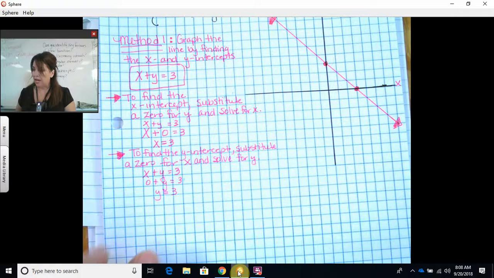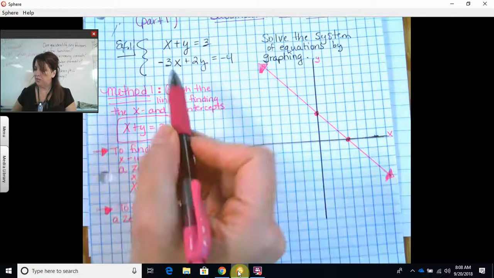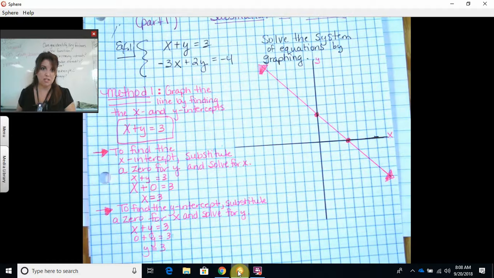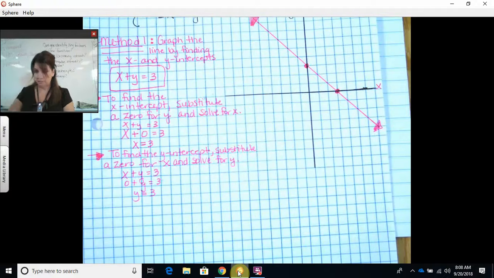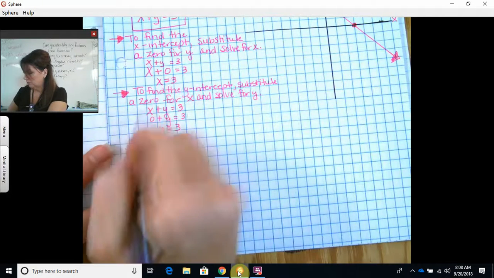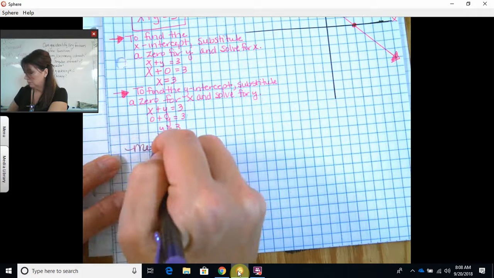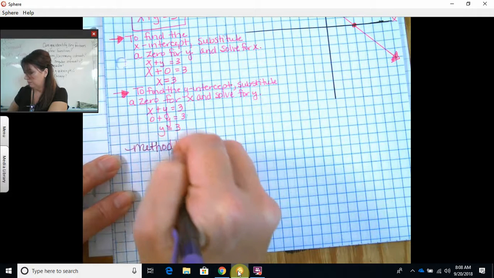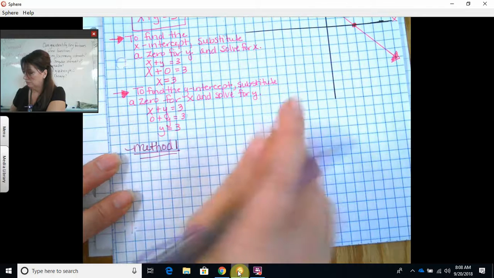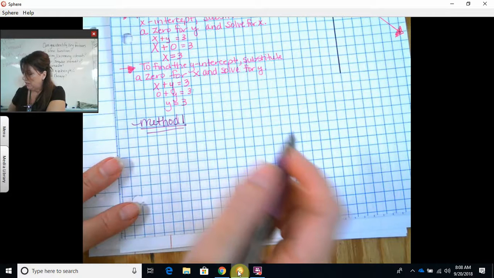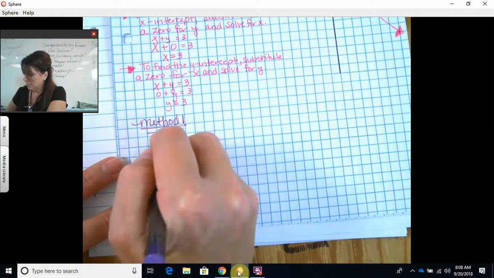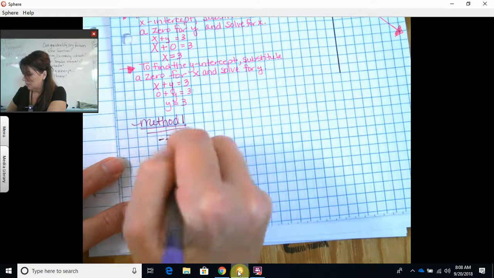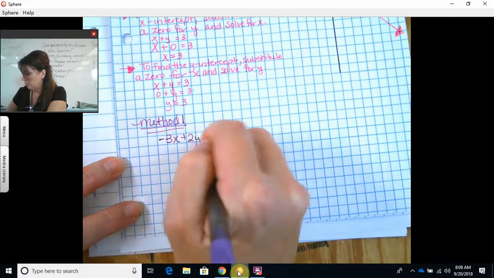We also had that second equation, -3x plus 2y equals -4. We're going to use the same method to graph the second equation. All right? So same method, but I'm graphing -3x plus 2y equals -4.